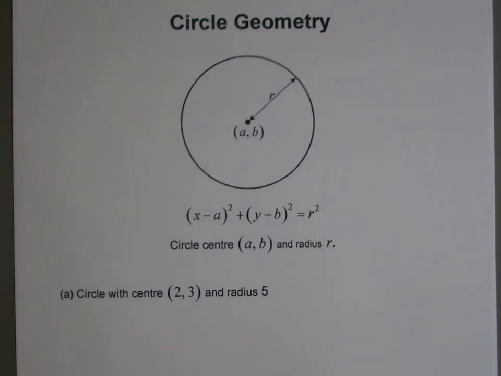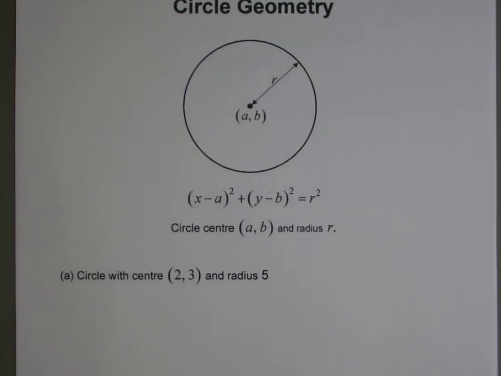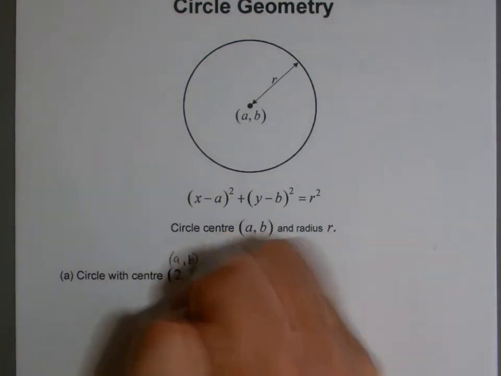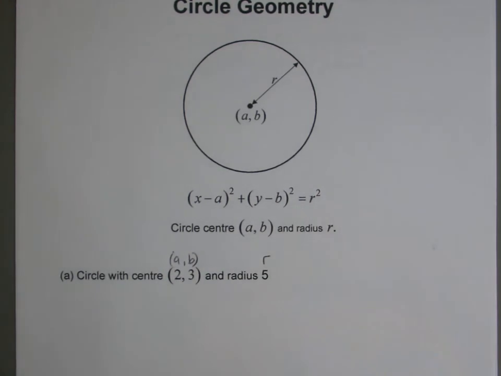In A here, we have a circle with center 2, 3 and radius 5. We're asked to write an equation for it. This corresponds to your a and b, and this is your radius.